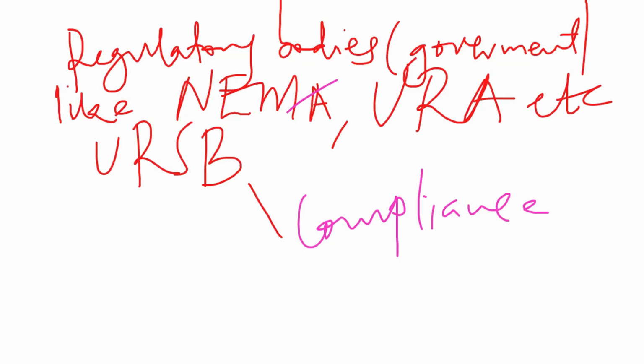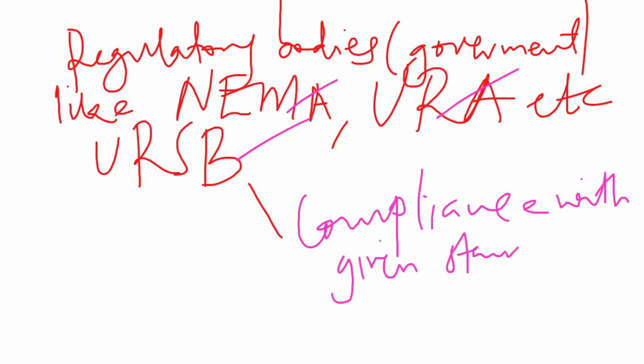If URSB, have you registered your business? If it is URA, is the company paying taxes? Are you doing the proper recording of the transactions? Those are some of the things they may be interested in. They are interested in compliance with the standards that they have set. Compliance with given standards, that's their interest.